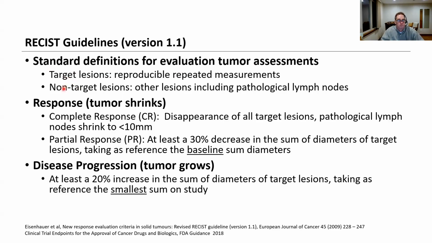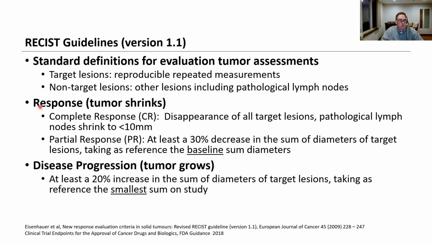There are two groups of lesions or tumors, right? There's target lesions. These provide reproducible, repeated measurements. And then there's non-target lesions. These are other lesions, pathologic lymph nodes, or things that aren't so measurable, but are still of interest from a patient standpoint.